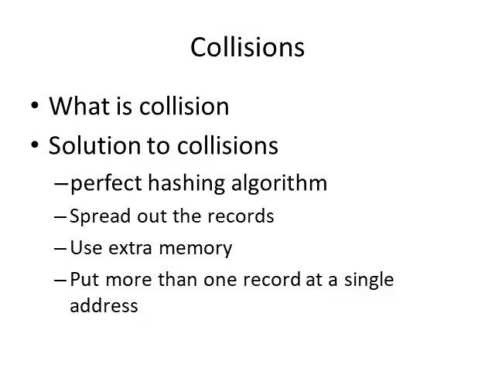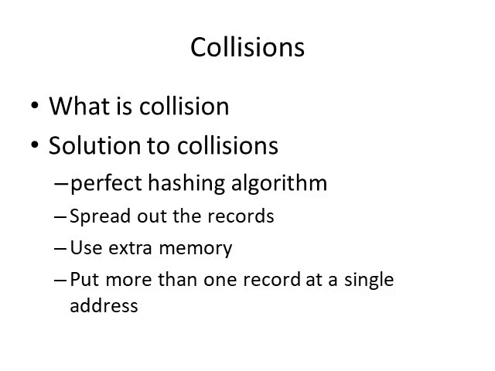There are four different ways. One is you need to write a perfect hashing algorithm, your hashing algorithm should be very perfect, such that no collision occurs, right? But nobody can write such a perfect hashing algorithm. There might be one or the other mistakes, in the sense that one way or the other you will get collisions.